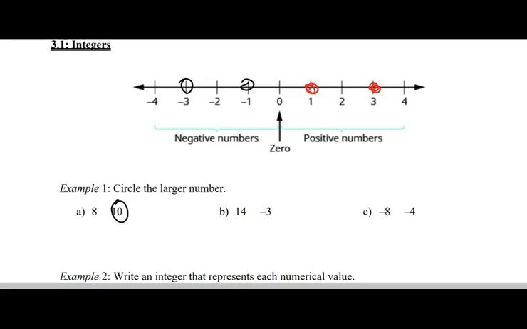So 14 is going to be on the right side of the 0, and the -3 is going to be on the left side. So 14 is going to be greater than -3. And then two negative numbers, -8 and -4. -4 is going to be closer to 0, so that's going to be the larger number.